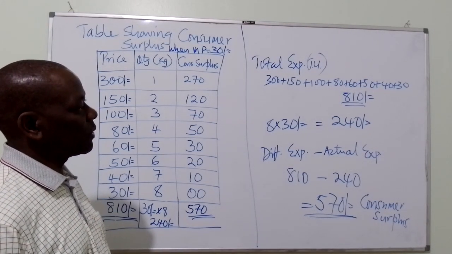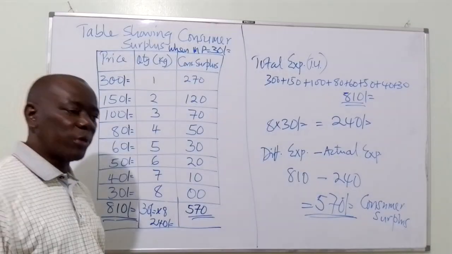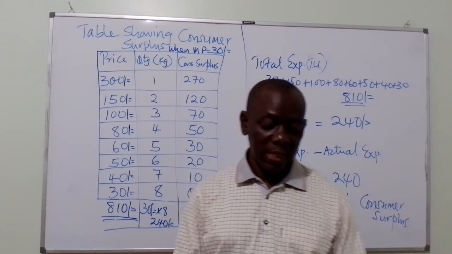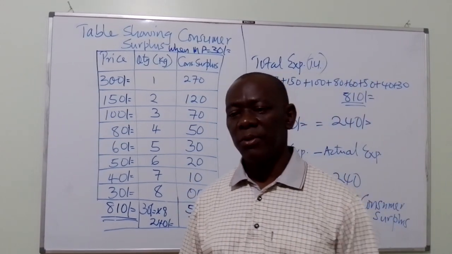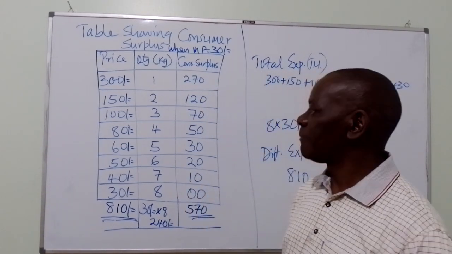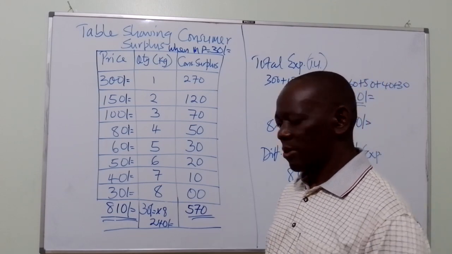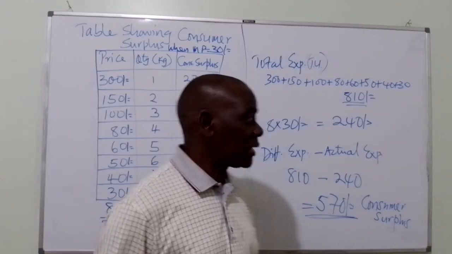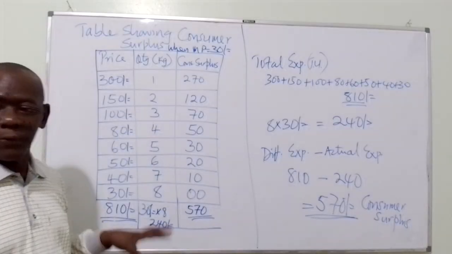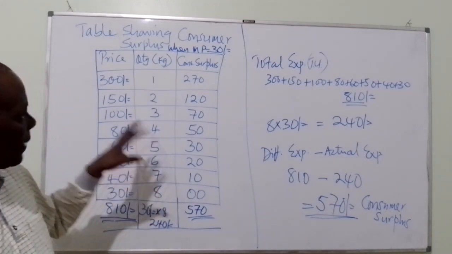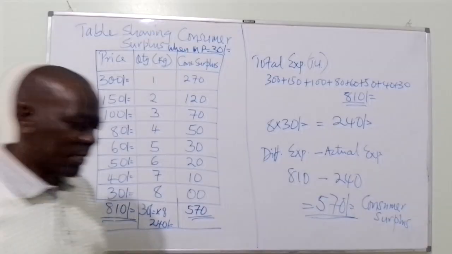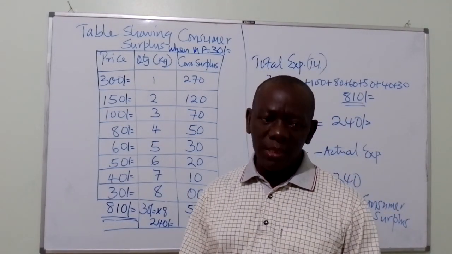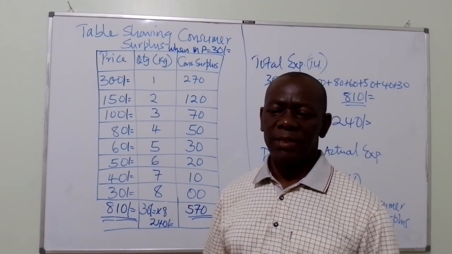So if they say consumer surplus, it is the difference between what the consumer expected or planned to spend on a given amount of commodities and what he actually spends on those commodities. That is the consumer surplus. This is now a schedule of his expenditure. But the surplus may not only be on a schedule. It can be even on just one commodity, one item.